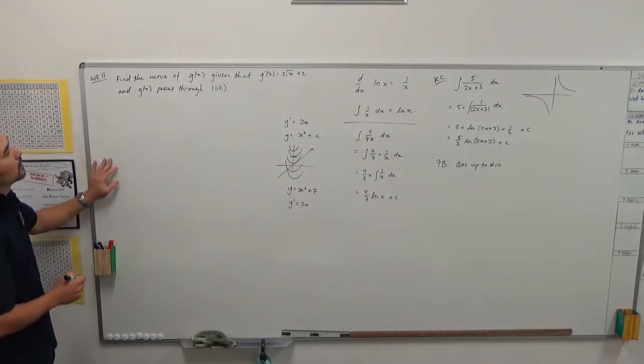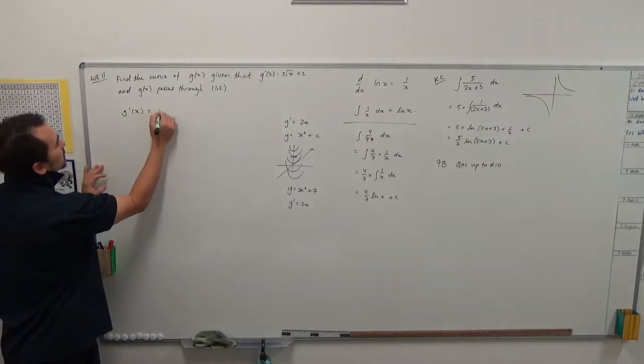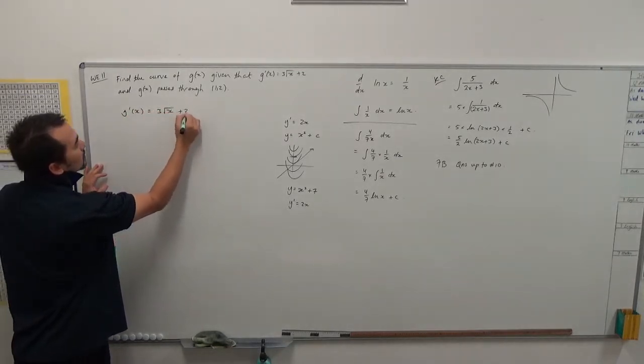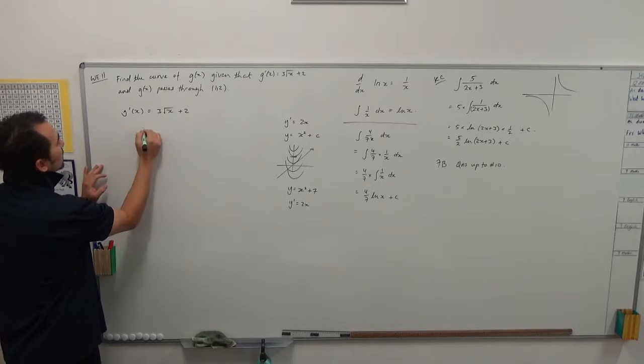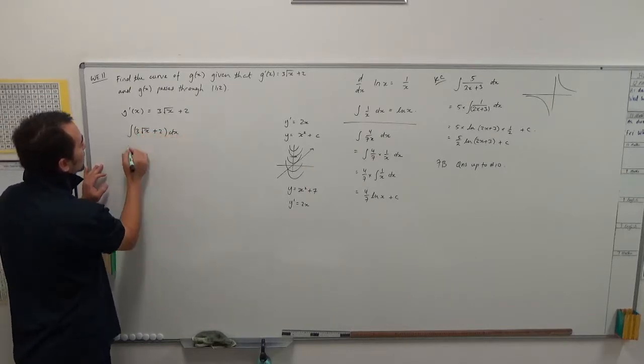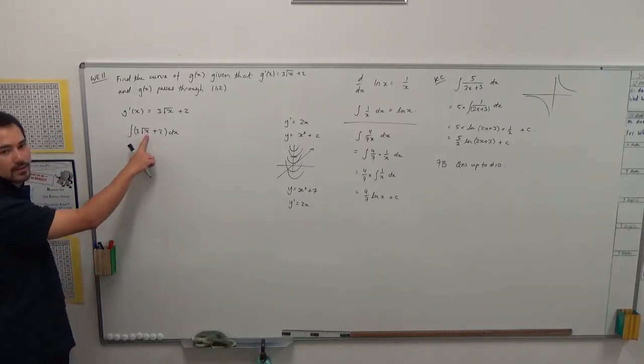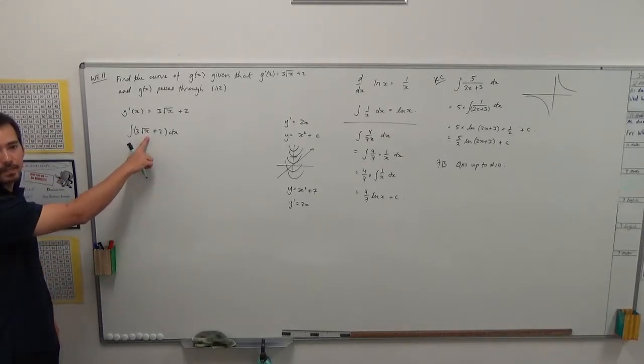Here we go. So we have the derivative function, which is 3 times root x plus 2. Let's integrate 3 times root x plus 2 with respect to x. And what do we get? That's the same as x to the power 1/2.